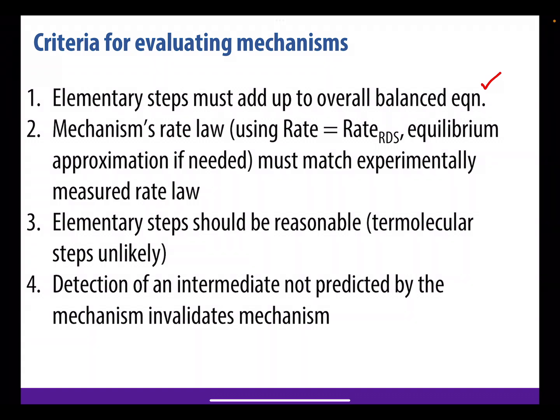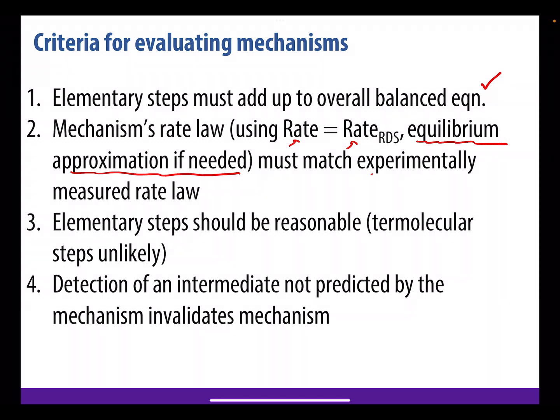Next, we compare the rate law predicted by the mechanism to the actual experimental rate law. In this case, we'll always use this first approximation that the rate of the overall reaction is equal to the rate of the slow step, or the rate determining step. We'll later see that there's also a potential equilibrium approximation that we might be able to make in order to compare the experimental rate law to the rate law predicted by a particular mechanism.